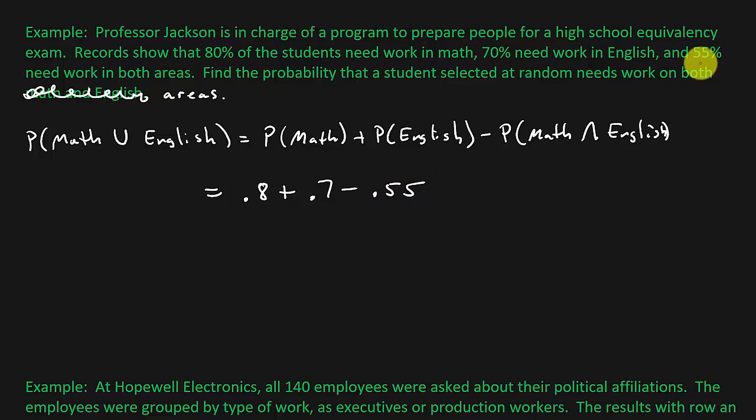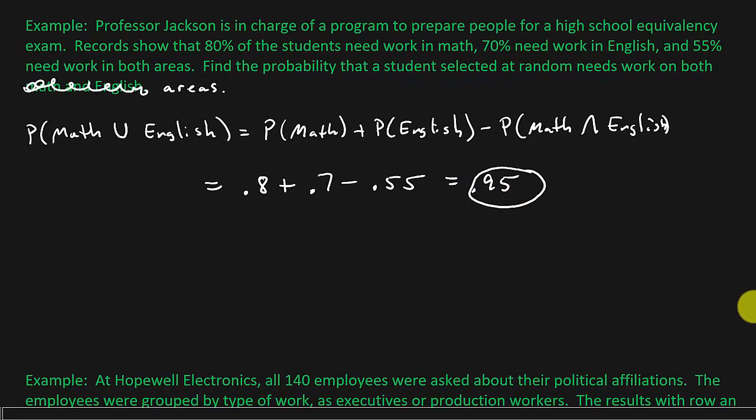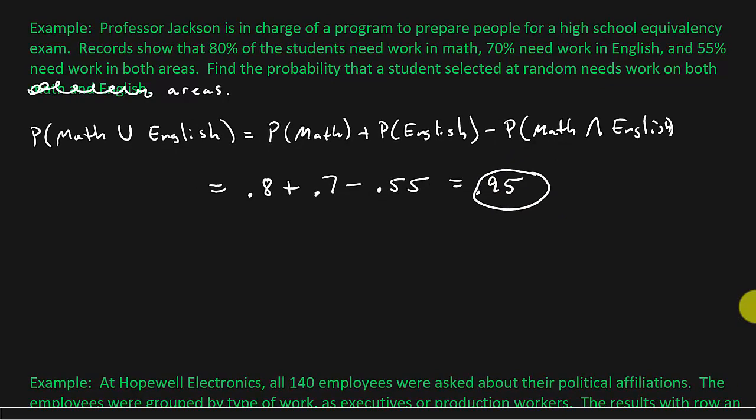Let me double check: 0.8 plus 0.7 minus 0.55 is 0.95. So there's a 95% chance that they need help in both. How about that?